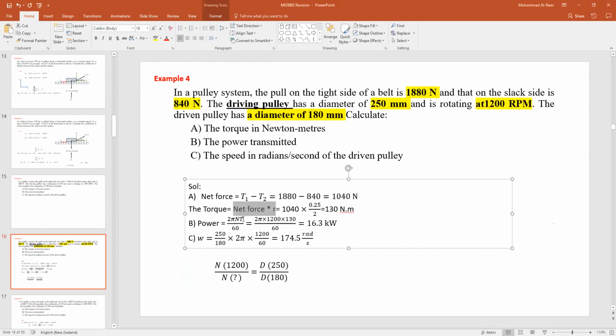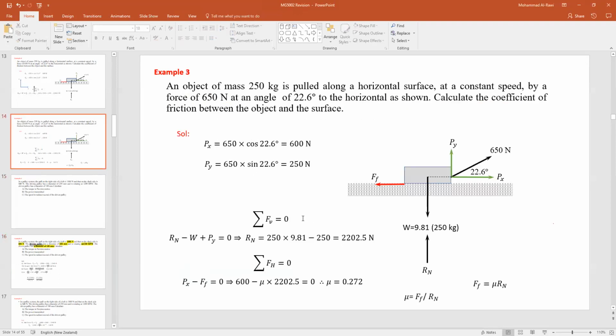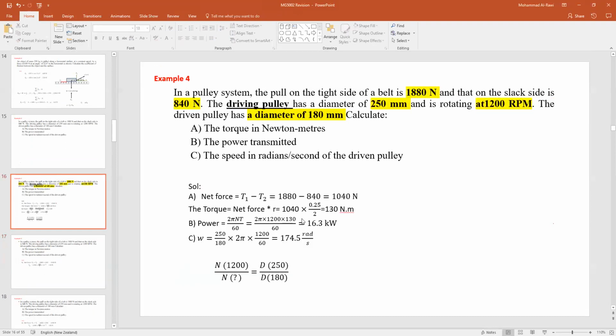And if you multiply that torque with the speed, then you go through it. So there are 2 different ways to solve this question, and this is one of them. This is kind of a shortcut for that application as well. So don't confuse yourself about this kind of question.